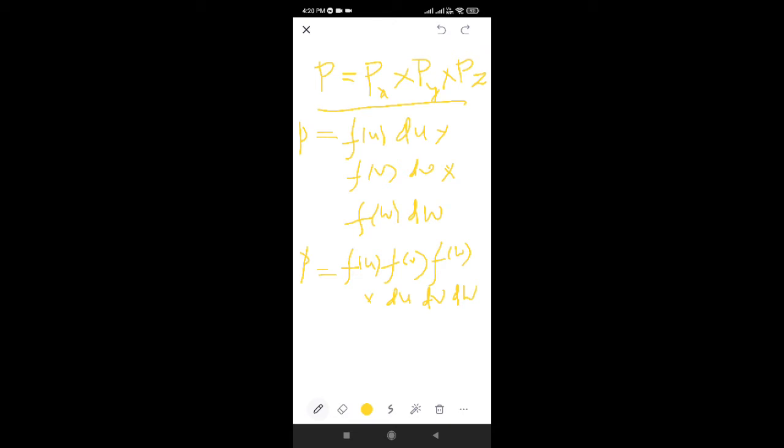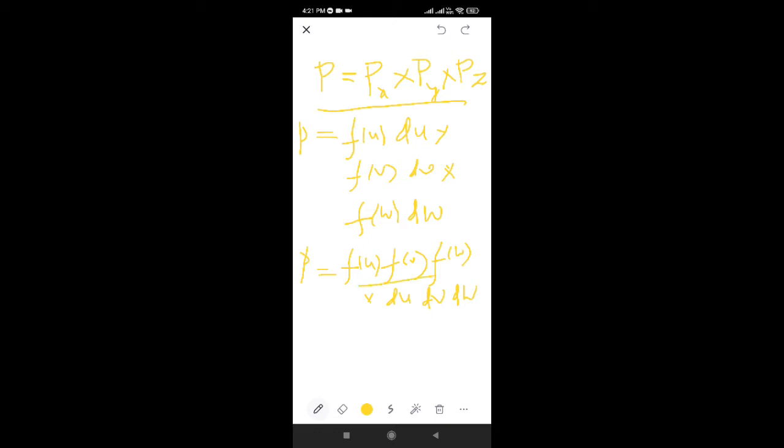Now, the probability that the velocity of our molecule lies in the elemental volume du, dv, dw is a function of, see, what we are expecting, the probability that a molecule having velocity c is in the box du, dv, dw.